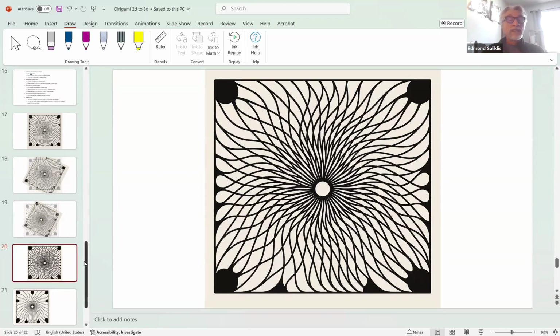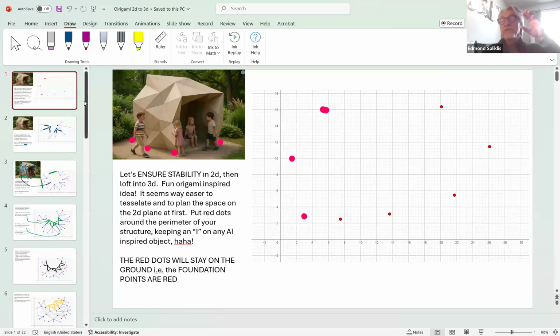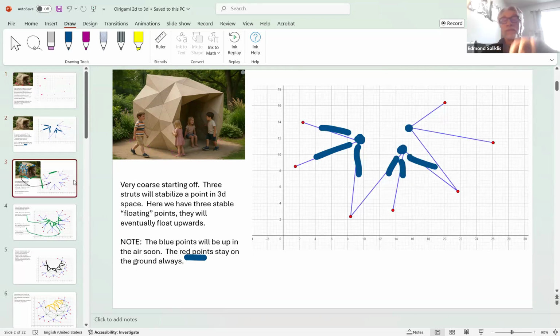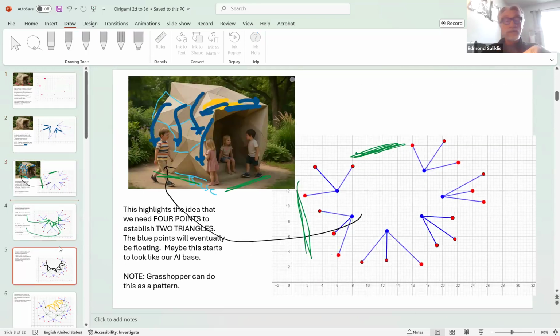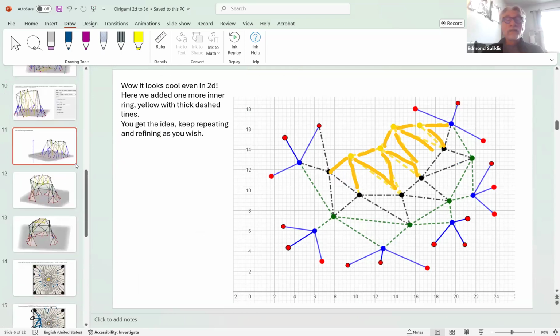We will be doing this in GeoGebra, putting the dots down, starting with the red dots around the perimeter of our structure, then the blue dots, then the green dots, et cetera, and building it up manually. If you can automate that with Python, fantastic.